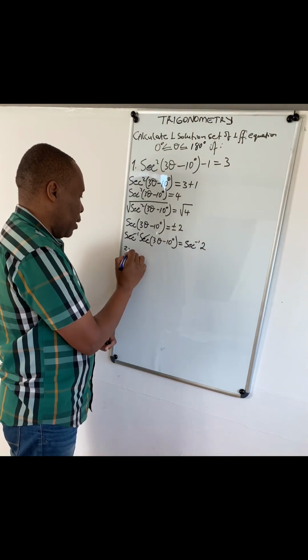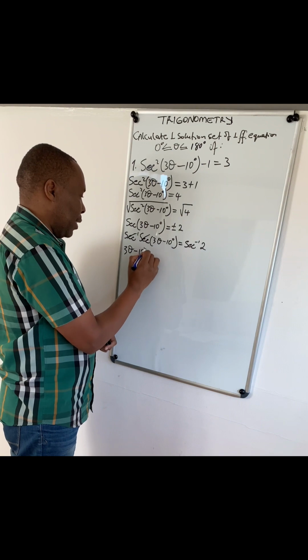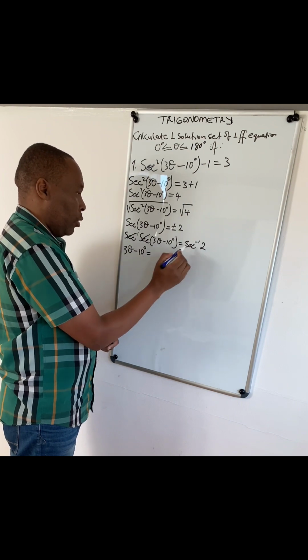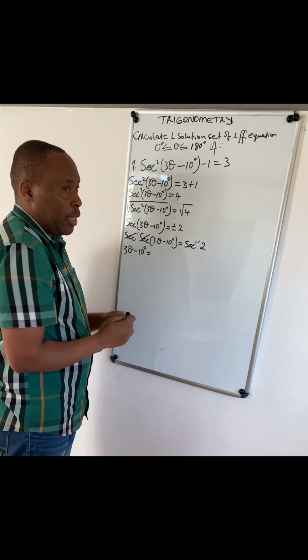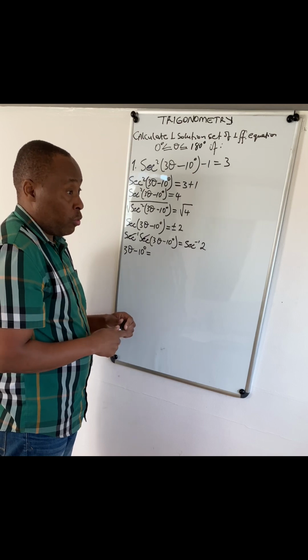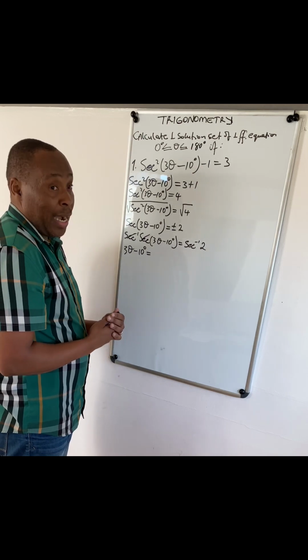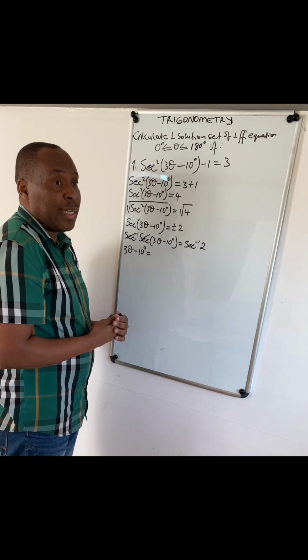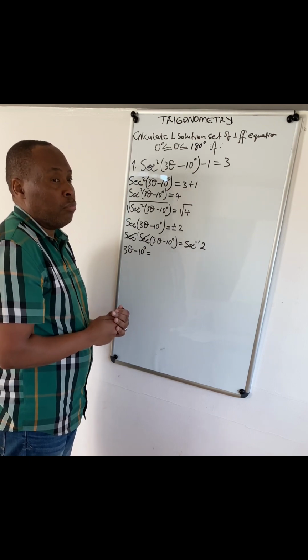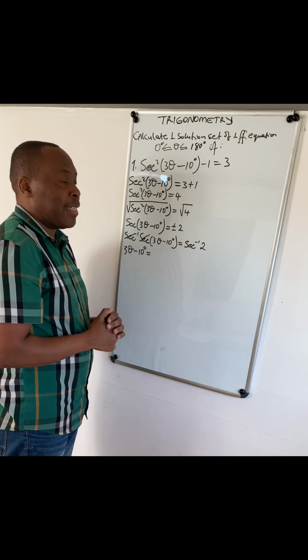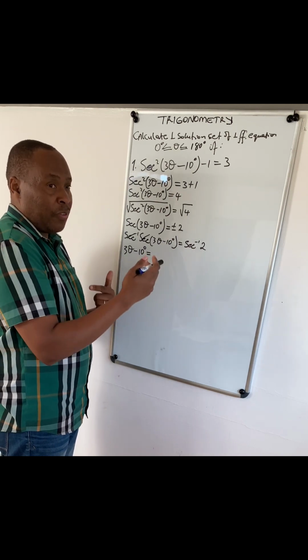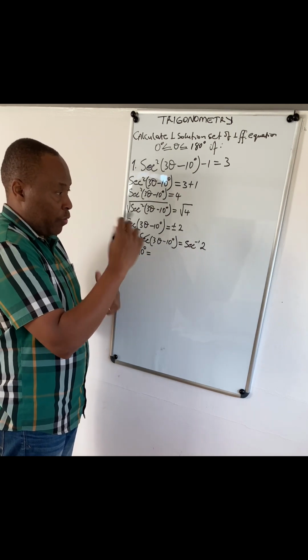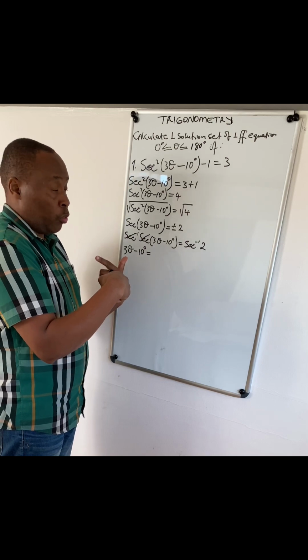We've got 3 theta minus 10 degrees is equal to sec arc 2, which is the inverse of cos half. Cos half is 60 degrees. The inverse, since it's half, would be 2.